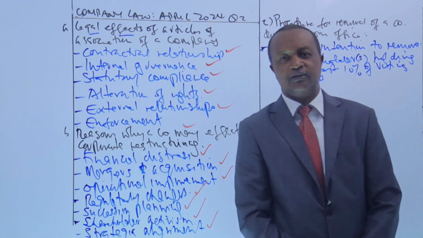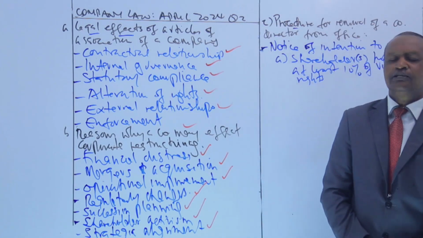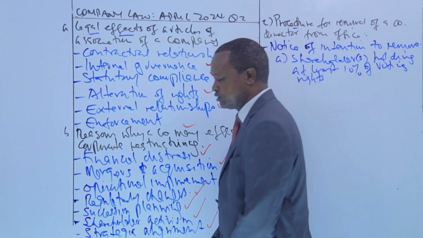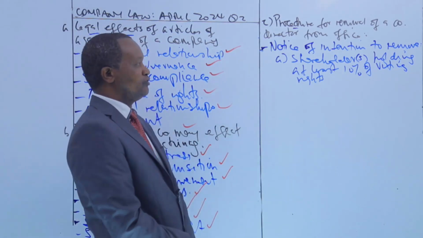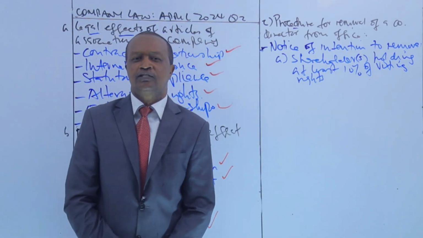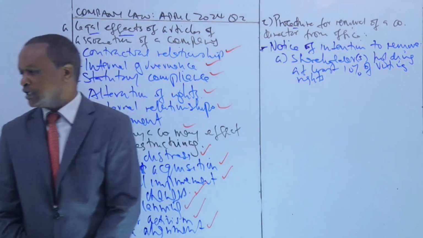This is the right time to guess, but don't guess in the exam room. Make sure you have the facts. Can debenture holders propose? Debenture holders who are not owners, can they remove a director whom they didn't appoint? Come on, somebody.